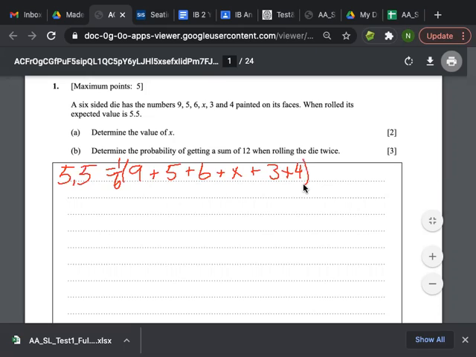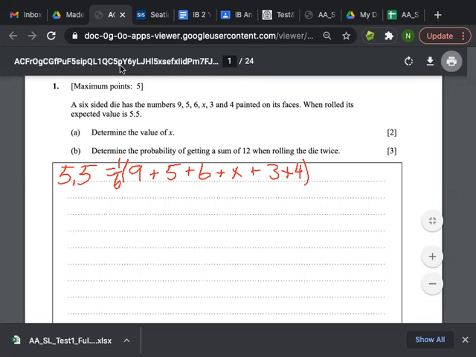Once again, this is a paper one, so there is no calculator. You have to do some math. So I'm going to do 5.5 times 6. The way I do that without a calculator is I'm going to do 5 times 6, which is 30. Okay, and then 0.5, 1/2 times 6 is the same thing as 6 halves. 6 halves is the same thing as 3, so 30 plus 3 is 33.